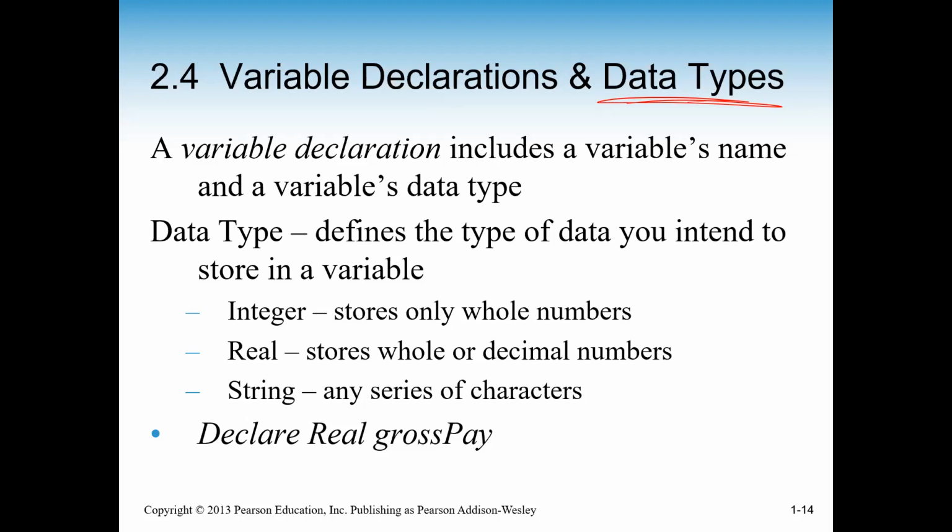So a variable declaration includes a variable name. First of all, you have to come up with a name that you want to give your variable, and usually you define the data type. Now, in Python, you don't have to explicitly say what the data type is, but the data type is inferred by the value that you assign to a variable.